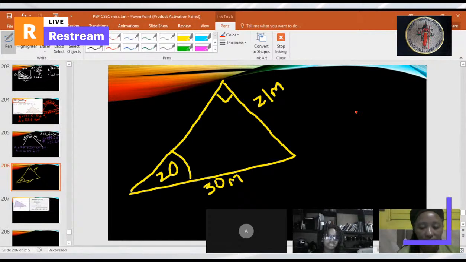So we could use Pythagoras' theorem to find the side that we don't know. That's one way we could do it. But suppose we want to use half AB sine C. We can find the missing angle in the triangle.